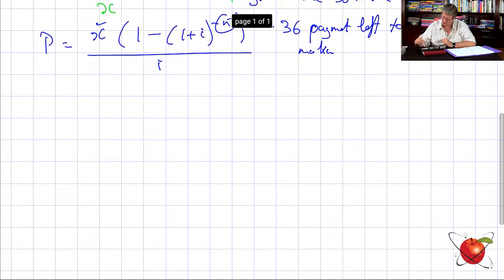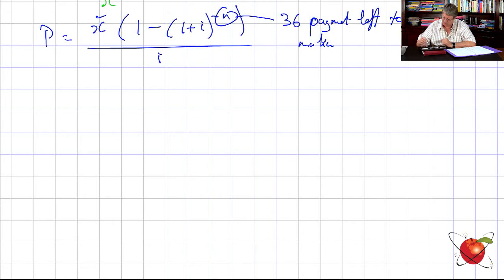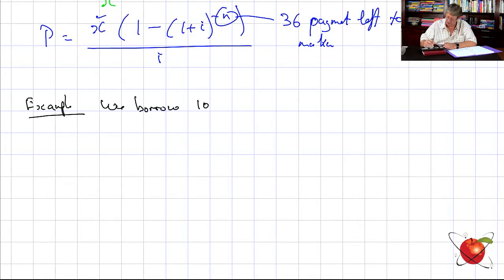Let's look at an example of this outstanding balance problem. Here's an example. We borrow 100,000 over 10 years at a rate of 10% per annum, and we say we compound that monthly.